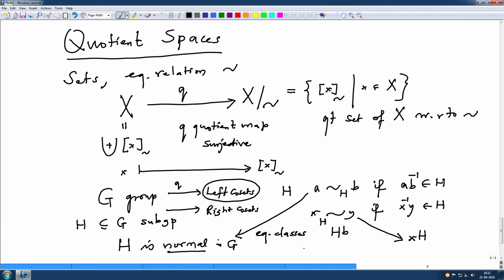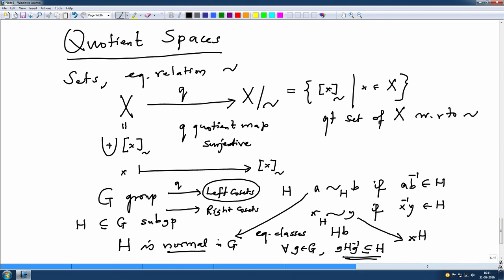You remember the normal definition: for any g in G, g H g inverse should be a subgroup of H again. This is the condition for all g. Then you call it normal. If you analyze, this is the precise meaning of the fact that this equivalence relation is compatible with the group operation, or sometimes it is also called a congruence relation. So anyway, for abelian groups it's always true.